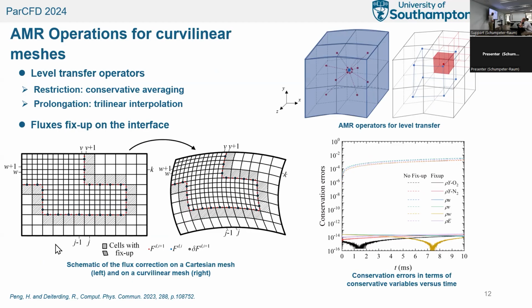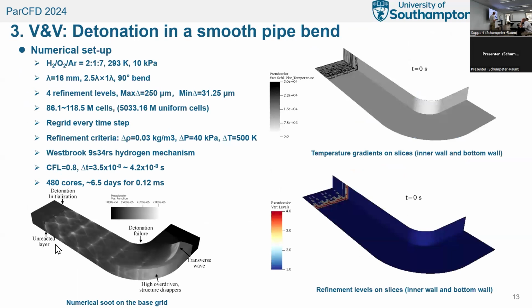In this AMR approach you first integrate the coarser grids and then recursively the finer grids, which typically leads to a mismatch of numerical fluxes at the interface. This is corrected in a so-called fix-up, which also needs to be extended to the mapped mesh, and only then do you have a strictly conservative method.